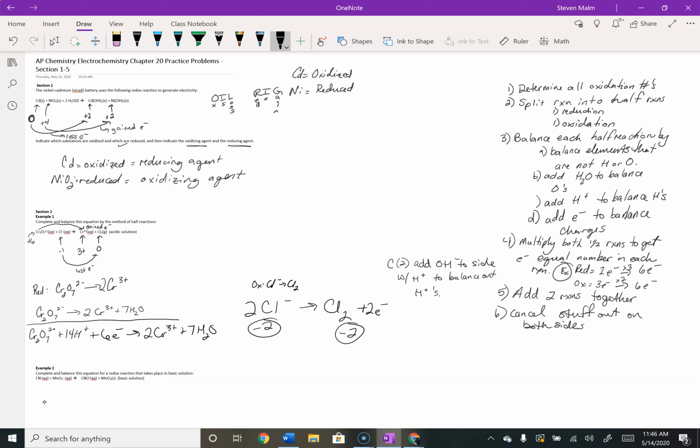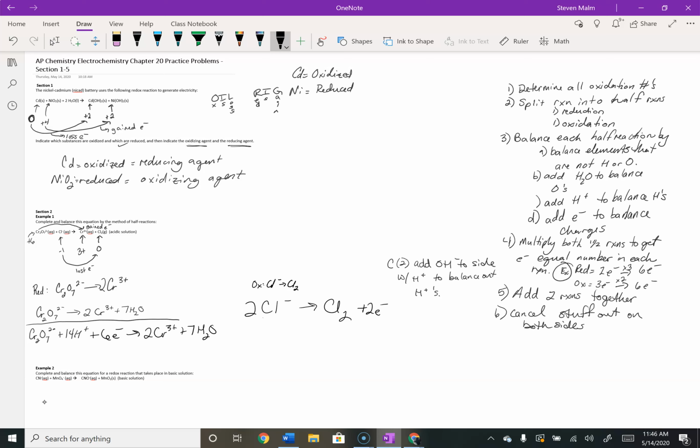All right, so now we have 2 equations. Both have been balanced according to our rules for step 3. For number 4, it's just to multiply the half reactions to get the electrons equal in both reactions. And when we multiply anything in a reaction, we multiply everything in the reaction. So in this reaction, we have 2 electrons. In this reaction, we have 6.